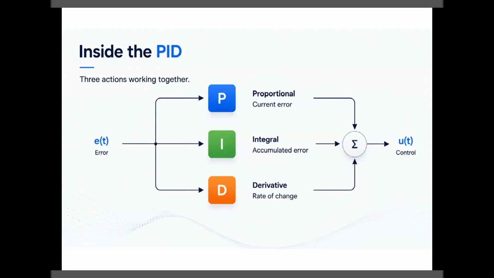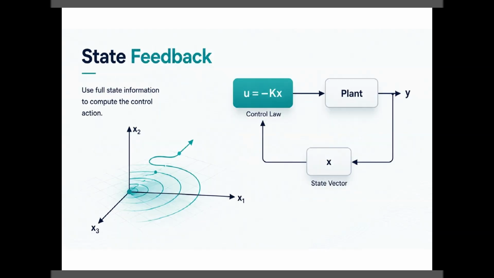The PID controller makes its decision based on a simple quantity, the error between the desired output and the measured output. For many engineering systems, that is more than enough. But what if one measurement isn't enough to fully describe the system?